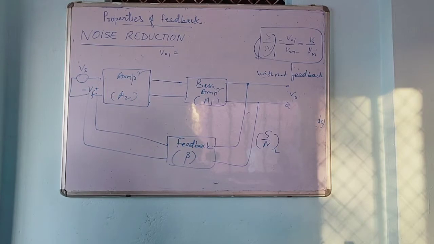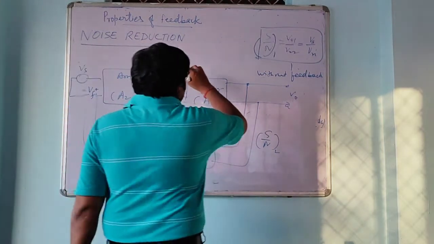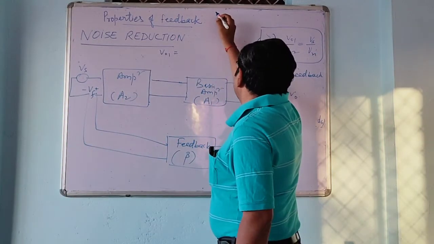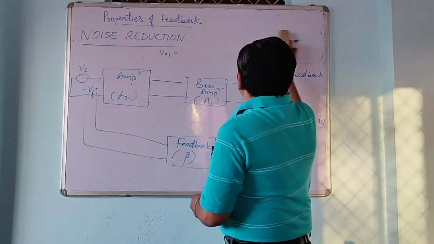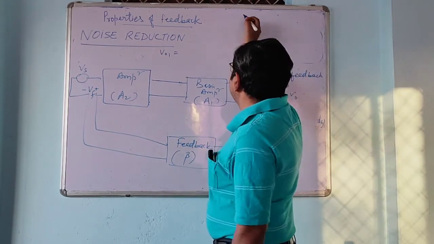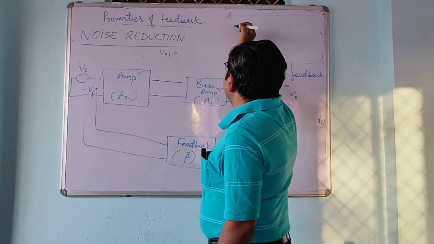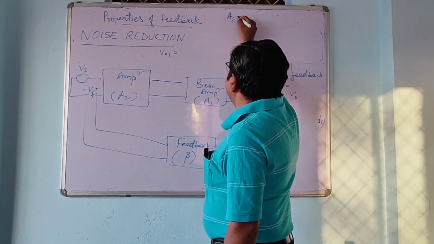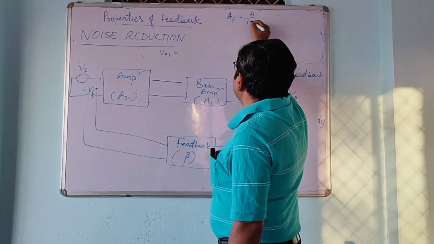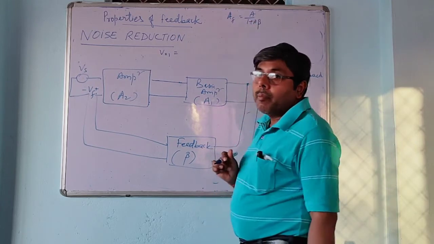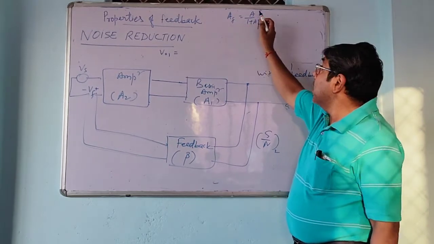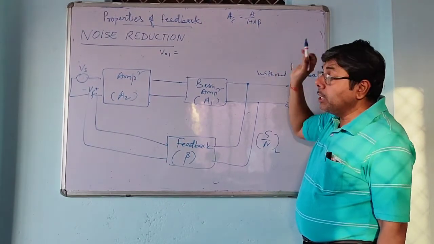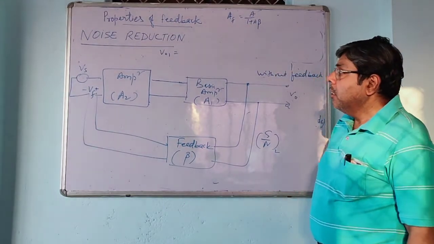How can we calculate? So to calculate this output, we will use this part. Suppose gain with feedback is given by A upon 1 plus A beta. This is the gain with feedback, where A is the gain without feedback, beta is the feedback factor.